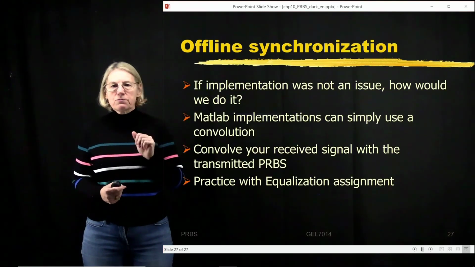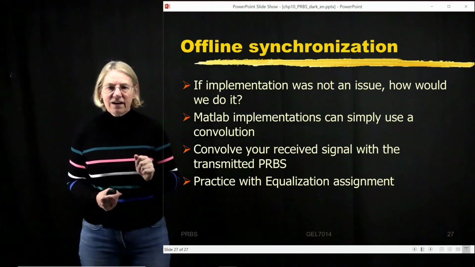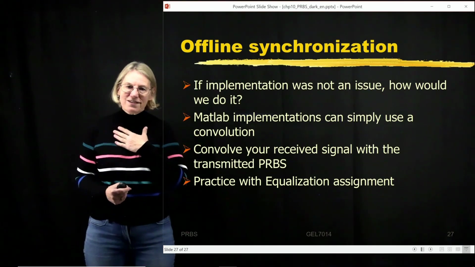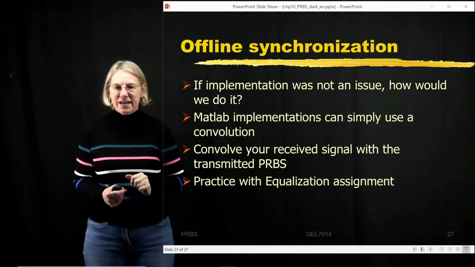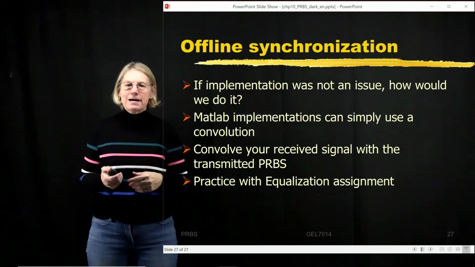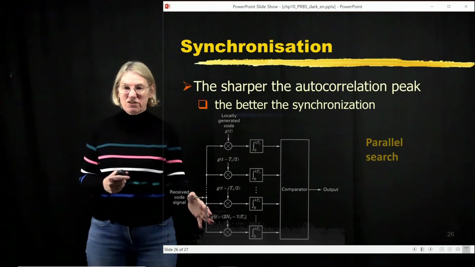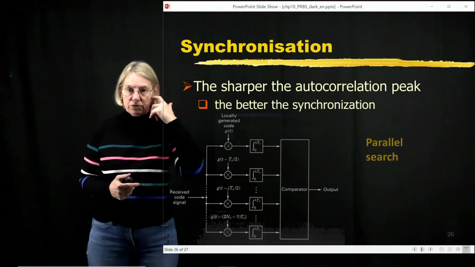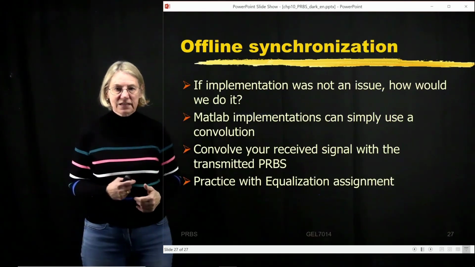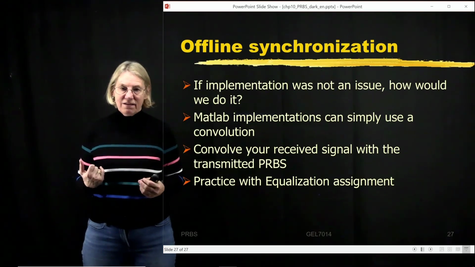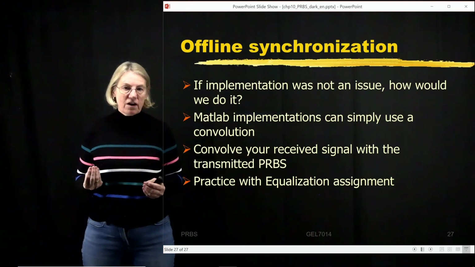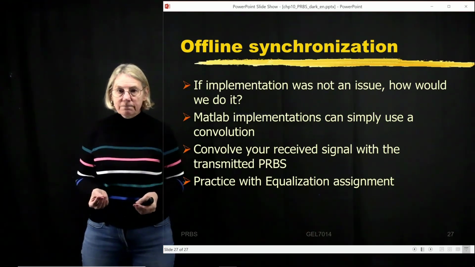But what I want to mention to you is that our requirement is not this hardware requirement. We're doing offline synchronization in our experiments. In a bit error rate tester, they might have this hardware in order to do very fast synchronization, make things speedier. But in our example, we're doing offline manipulation of our captured signal.